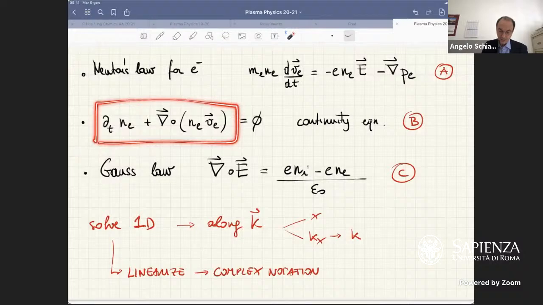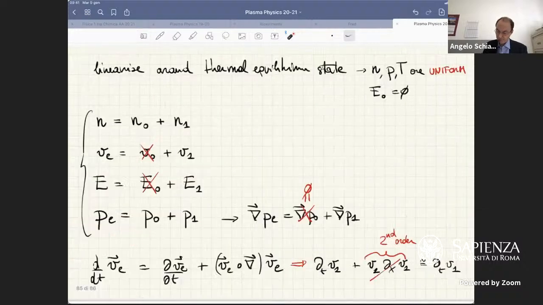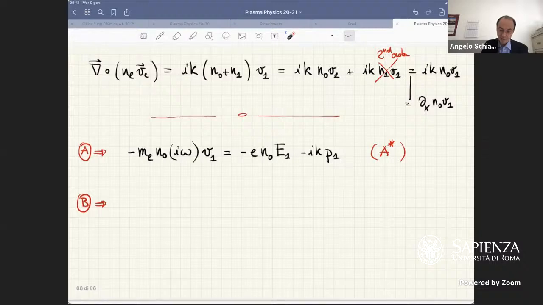And we've seen this is the time derivative, and the divergence of the flux is the space derivative with respect to N0 times V1, and in complex notation is this term. So what remains is minus i omega times N1.